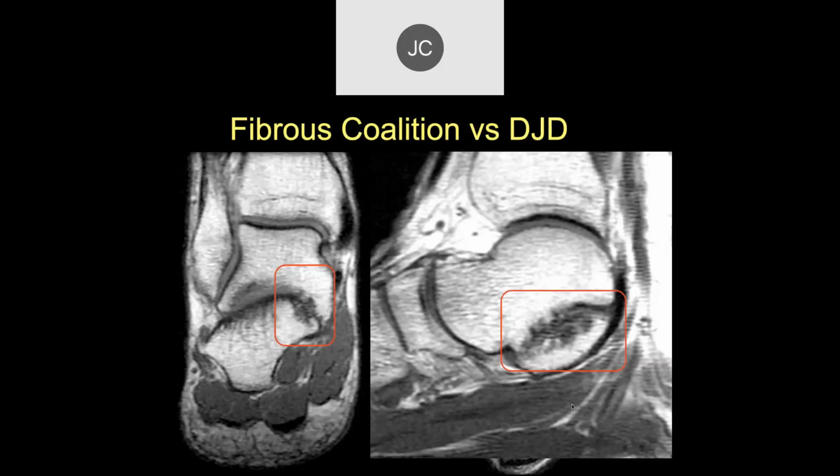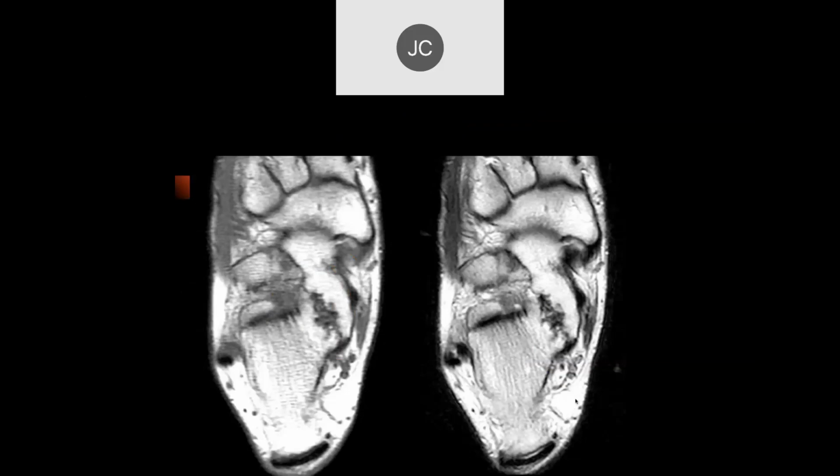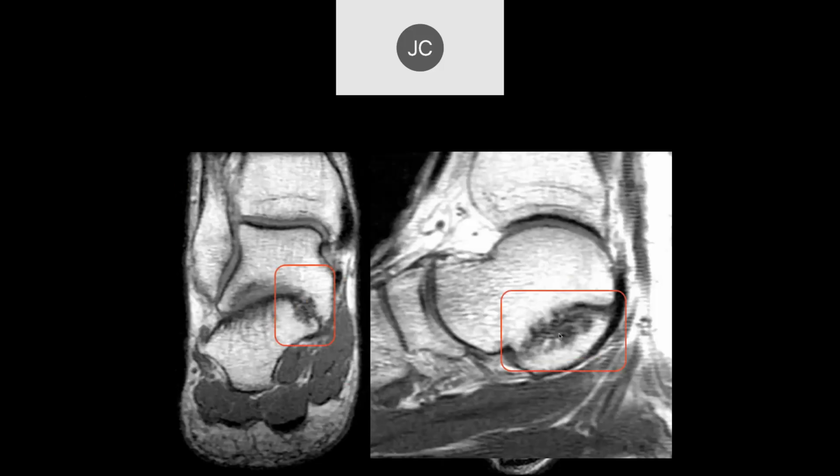You might also put in the differential degenerative joint disease, but this kind of spiculation is very characteristic of a fibrous coalition. Usually, degenerative disease is smoother with less sharp margins, and this is the characteristic appearance you see with a fibrous coalition.